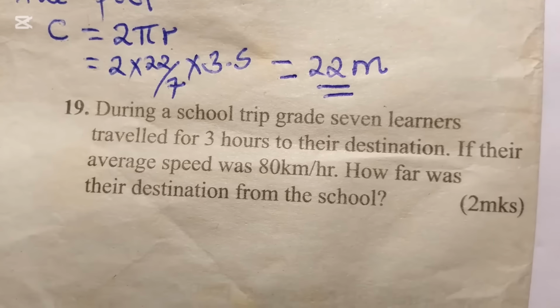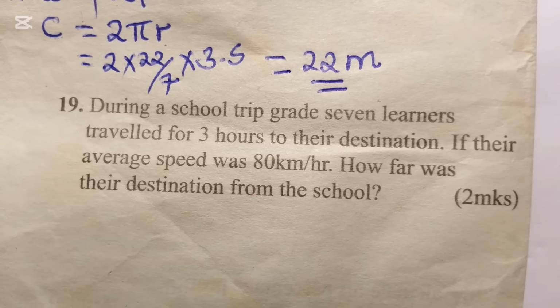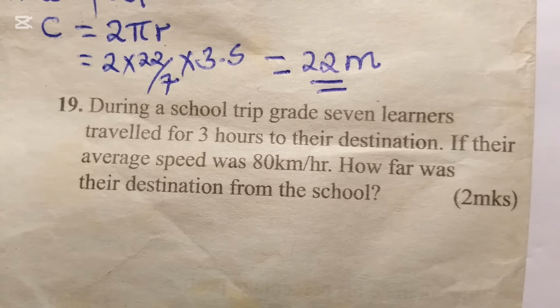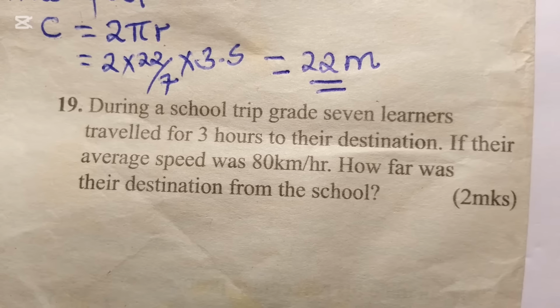As you can see, during a school trip, grade 7 learners traveled for 3 hours to their destination. If the average speed was 80 kilometers per hour, how far was their destination from the school?